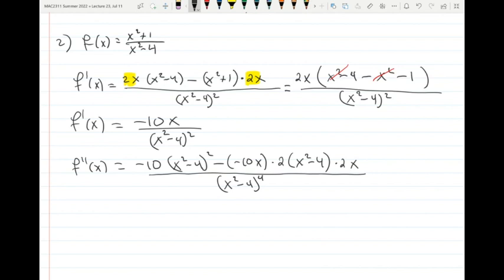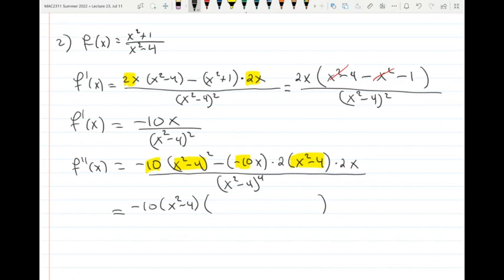All right, so let's see, what can I factor out from here before I start multiplying things? Well, there's an x squared minus 4 here. There's an x squared minus 4 here. I can take that out. There is a negative 10 in here, and there is a negative 10 in here that I could also take out. Do you understand this? I'm going to factor that. So I'm going to take out negative 10 times x squared minus 4.